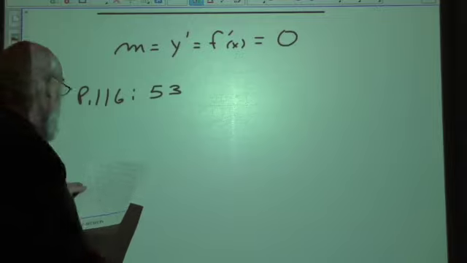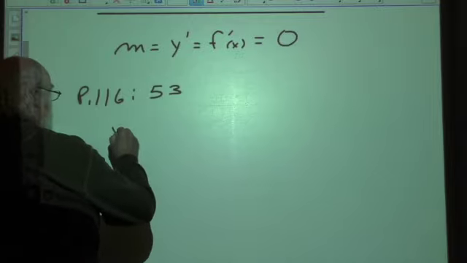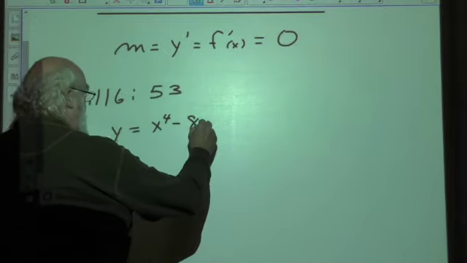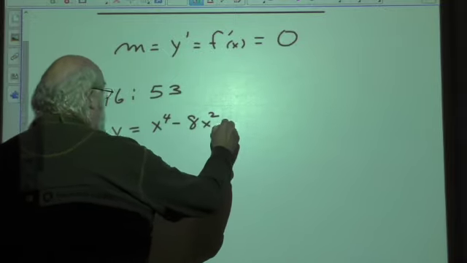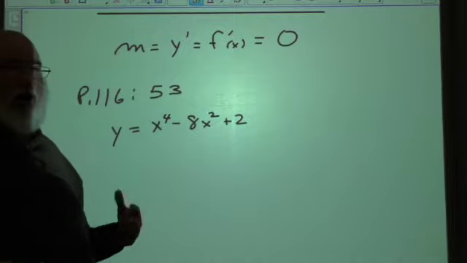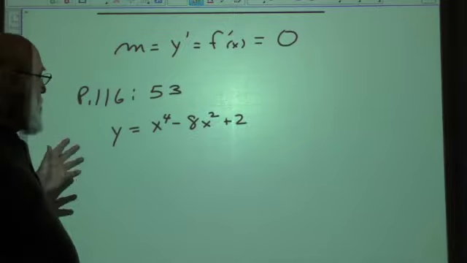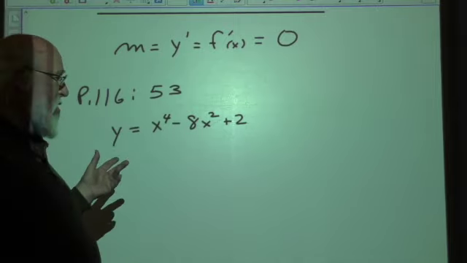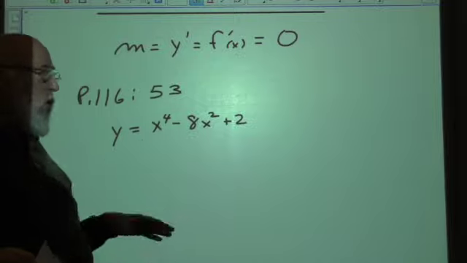So for number 53, the equation they give us is y is equal to x to the 4th minus 8x squared plus 2. And we want to know what points we're going to find the possible horizontal tangents. Now, just a quick overview.